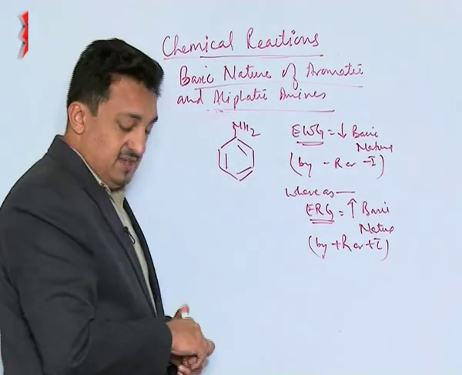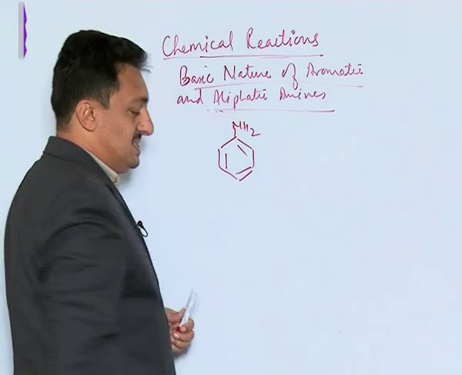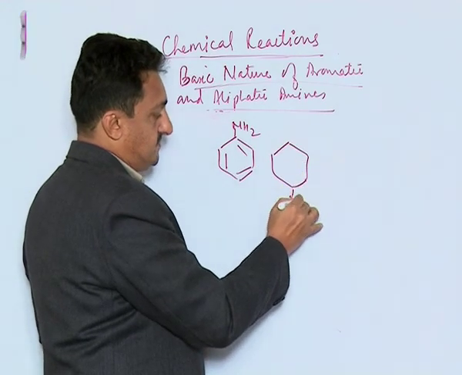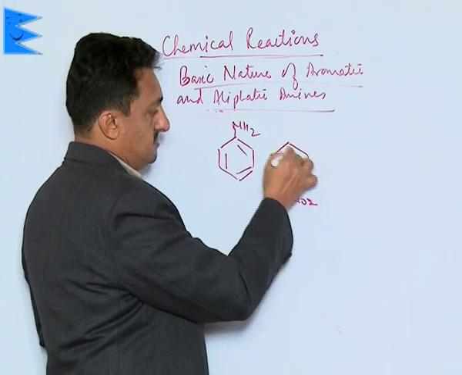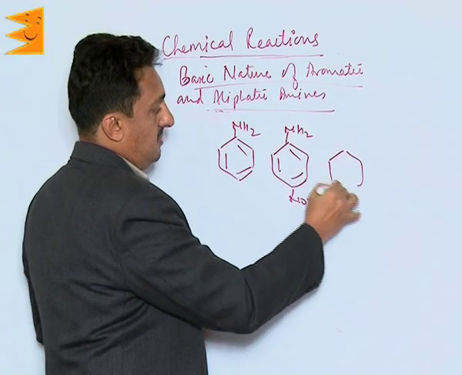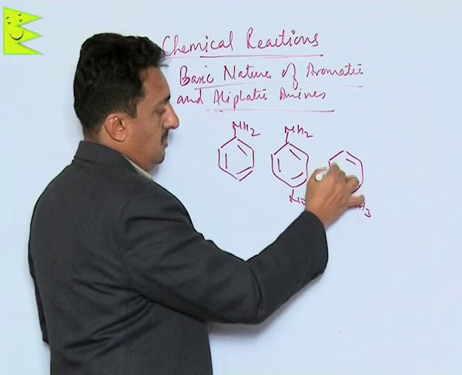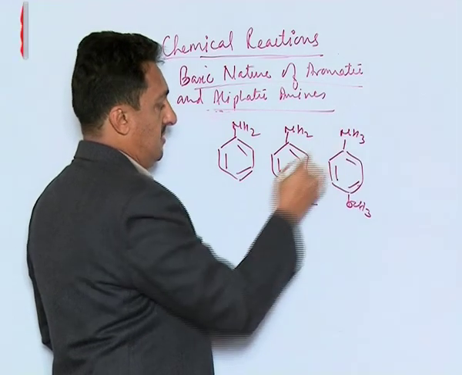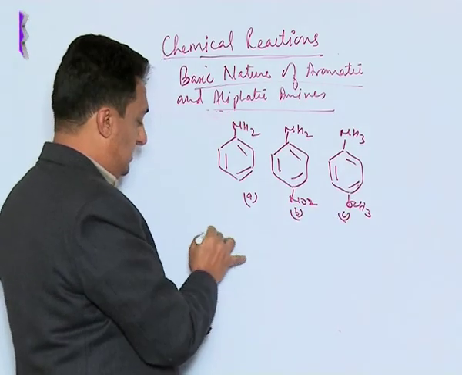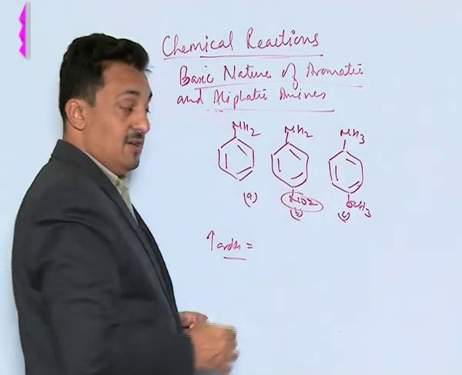So if we have to compare the basic nature of these three amines, let it be A, B and C, the least basic is the NO2 one, para-nitroaniline.